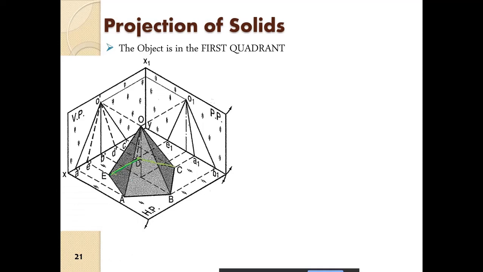If you see from top, one of the edges is parallel to the line of intersection, so this is the edge, and then the rest of the pentagon.